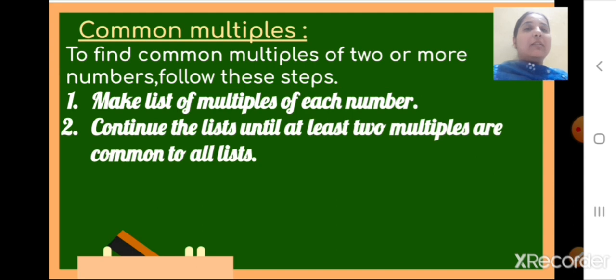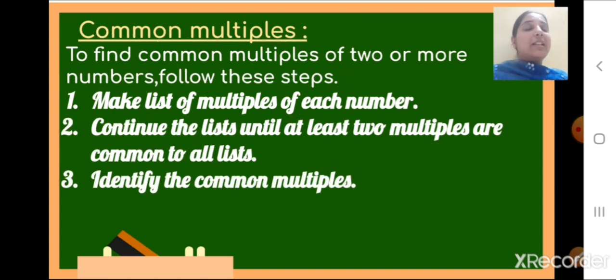Then we will continue the list until at least two multiples are common to all lists. Then we will identify the common multiples.